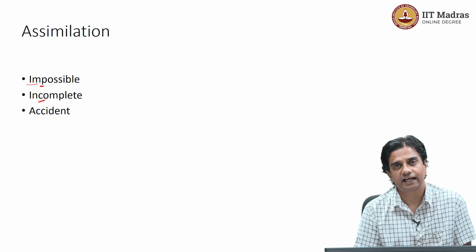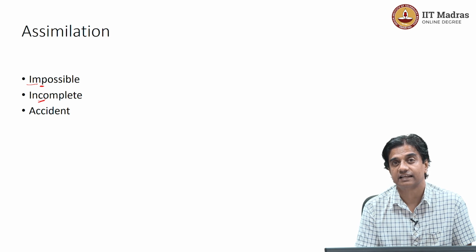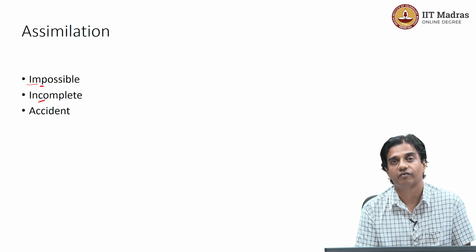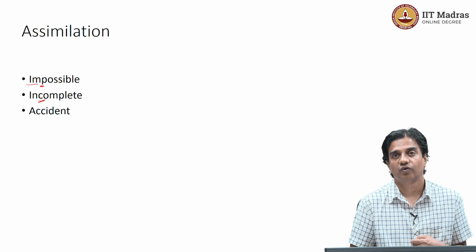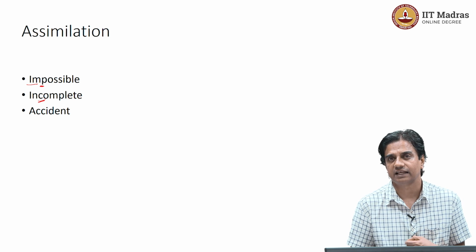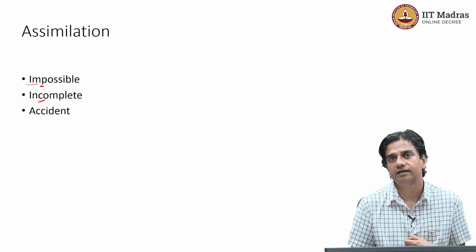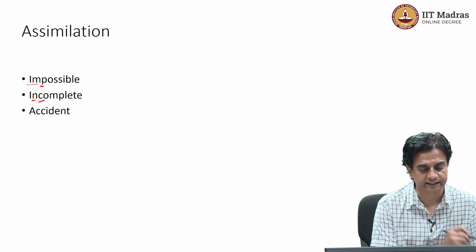Therefore, in the negative prefix, the nasal also becomes velar. And when we speak this word, we don't say incomplete, it becomes incomplete, incomplete. So this becomes a velar nasal.